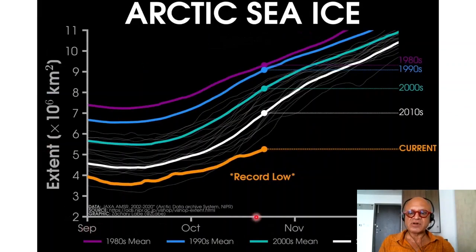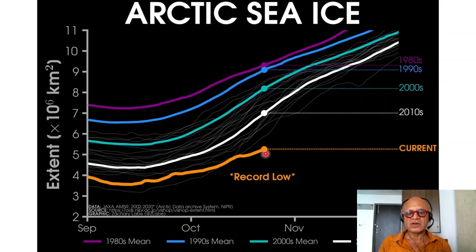This is showing September to December, showing the 1980s mean here. The 1990s mean is lower. Then the 2000s and 2010s. So you can see the record lows before the ice recovers.